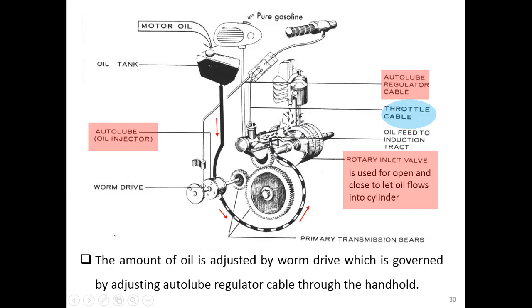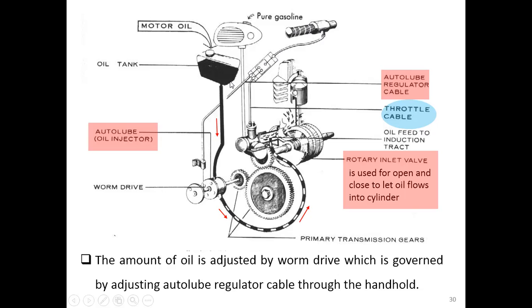Okay. The amount of the fuel is also regulated by this throttle cable. There is another cable here, right here. So these two cables, the auto loop regulated cable and the throttle cable, are both controlled by the twisting of the handle via a single cable here.